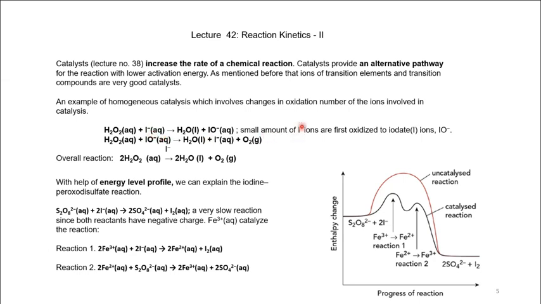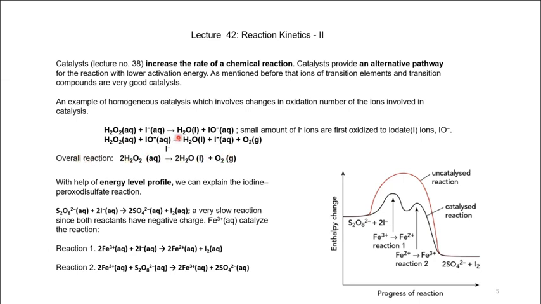A small amount of iodide ions first oxidizes to hypoiodite ion. And that ion again reacts with hydrogen peroxide and gives us water, iodide ion, and oxygen gas. So the overall reaction is this.